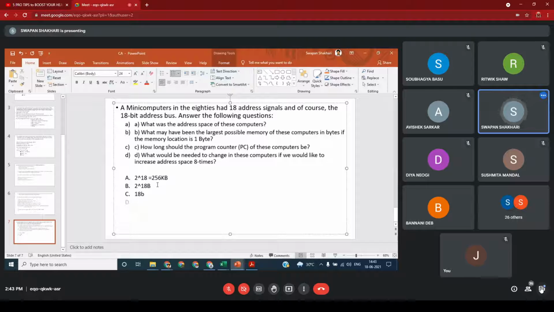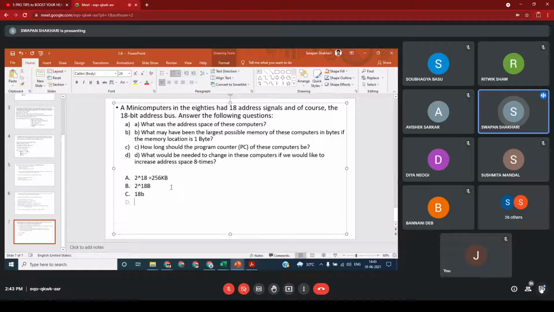Last one. Here we want to increase the address space by 8 times.